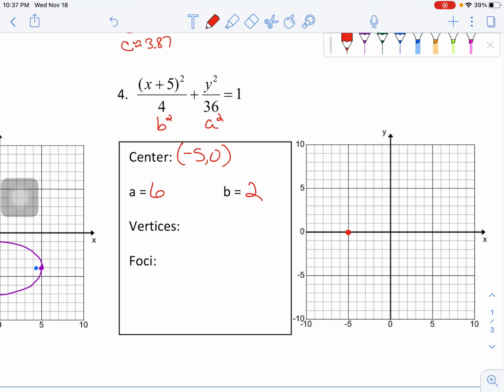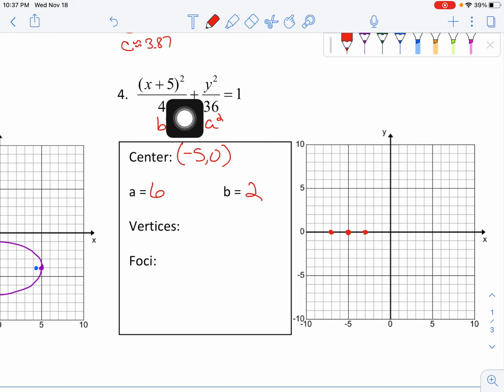So let's graph this thing. Let's see, -5, 0. My x denominator was 4, so that means my b value is 2. So I'm going to go ahead and count 2 to the left and the right. So 1, 2. Made a little extra mark there, so I'm going to take it out so I don't think it's one of the focal points or something weird like that.